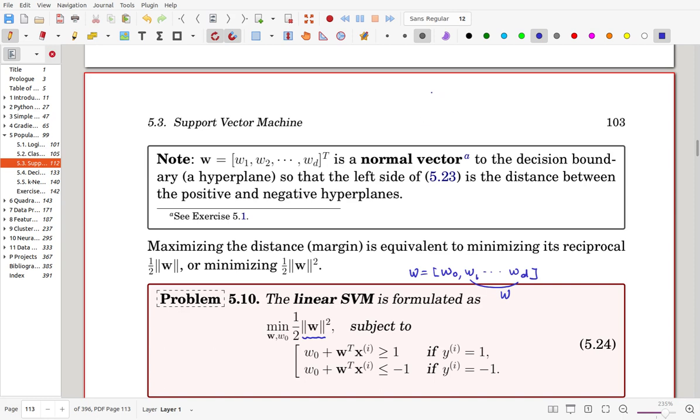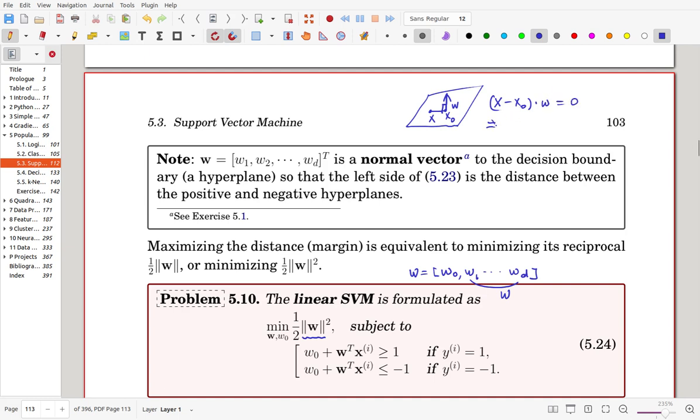Now there is a hyperplane, and if you choose one point x0, you can make a normal vector, for example W. Then for any x on the hyperplane, if you take the dot product of x minus x0 with W, it will be 0. Now, x minus x0 dot W must be 0.